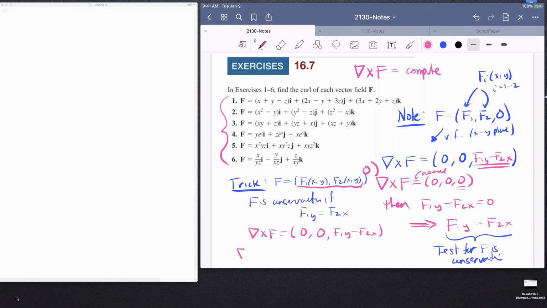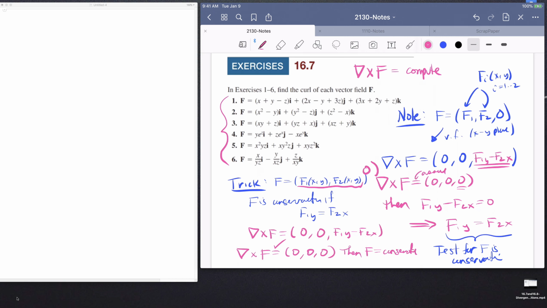So what we can say here is that a vector field is conservative if its curl is equal to the 0 vector field. If the curl is equal to 0, then the vector field f is conservative.